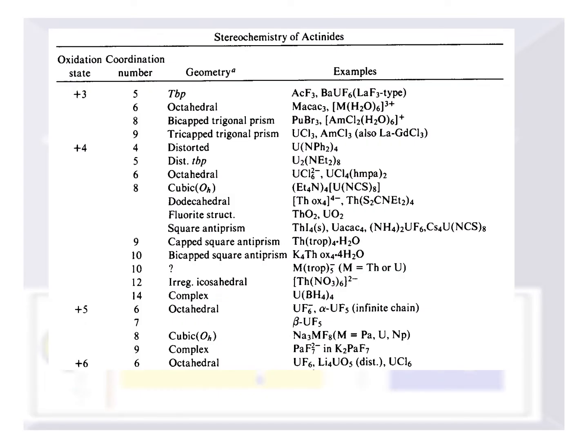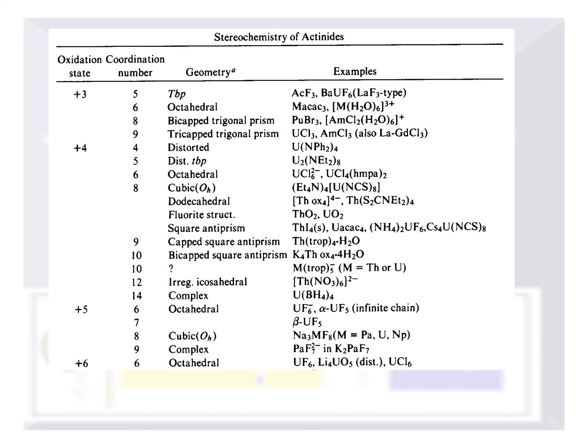Here again we see a table that shows the oxidation states, the corresponding coordination number and geometry of the complex. So when an actinide element forms a complex, if the oxidation state is +3, the coordination number will be 5, 6, 8 or 9, and the respective geometry is also listed out here. So what do we mean by coordination number?